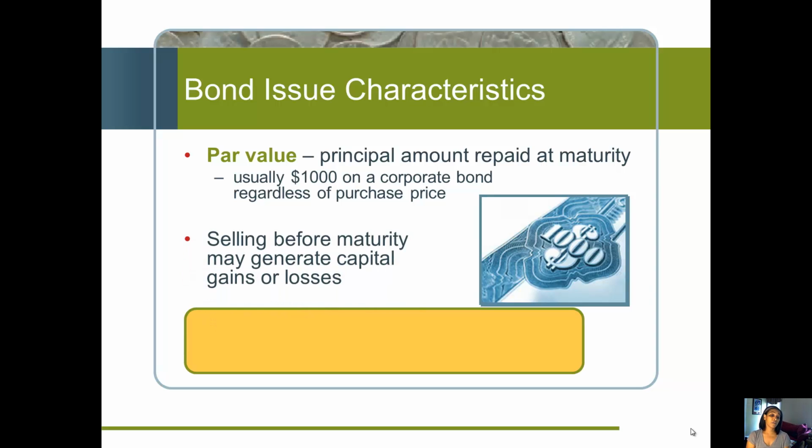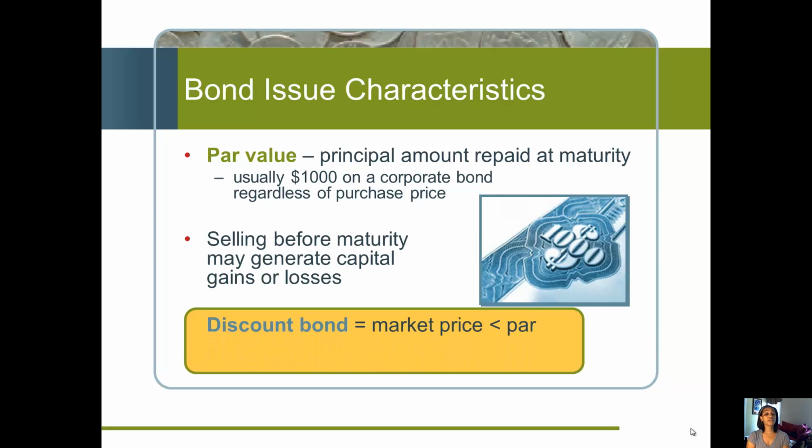If you sell the bond before it matures, it will not have realized that $1,000 value. So you may generate a capital loss or even a capital gain, because depending on what's happening with interest rates, that bond may be worth more than $1,000. But at maturity, just because of the way these instruments work, it's going to be worth $1,000, and that's what you will get back from the issuer.